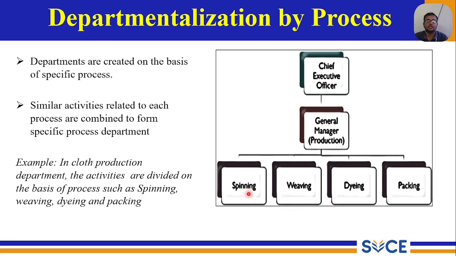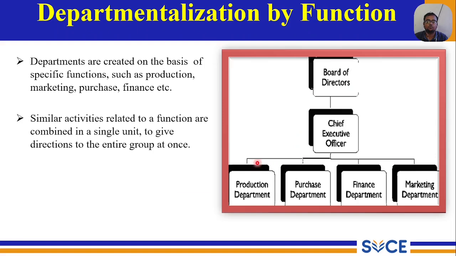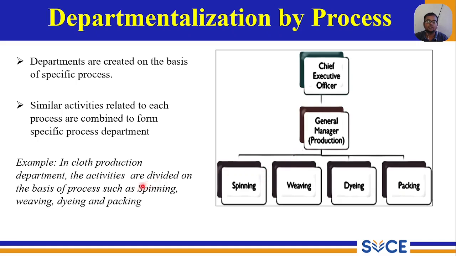The second category is departmentalization by process. It can be called a subpart of your production department, because only under the production department can you categorize them based on the process. We have taken an example of a cloth production department where different activities are carried over, for example spinning, weaving, dyeing, and packing.